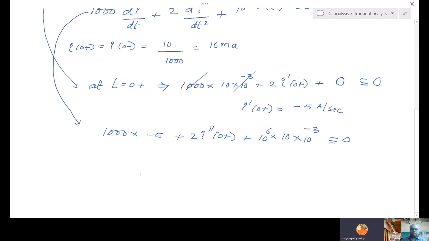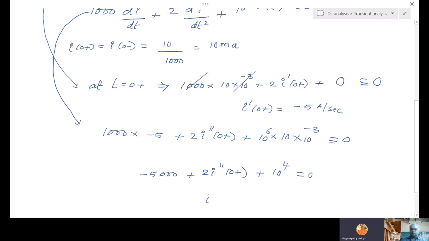So this is minus 5000 plus 2 I double prime 0 plus plus 10 power 3, so 10 power 4.